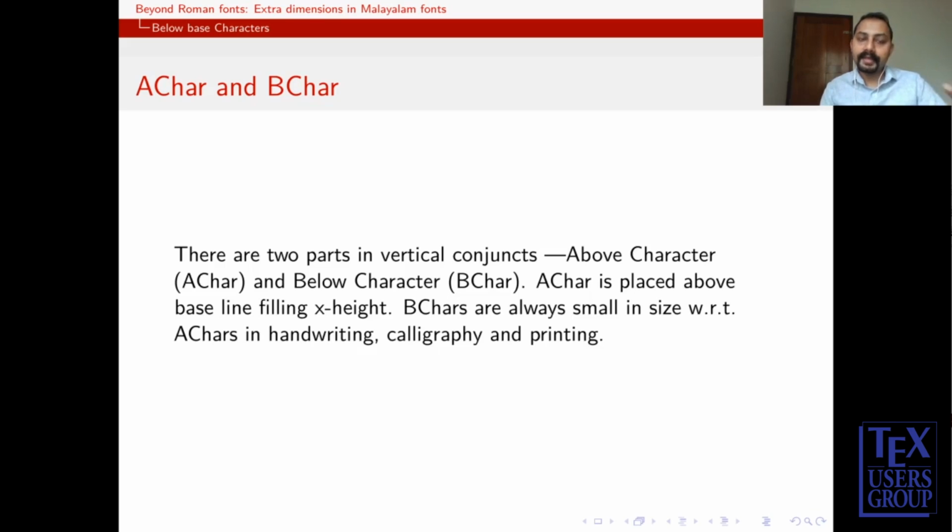So the above base character can always be accommodated above the baseline, filling the x height of the character. Below base characters are typically smaller in size compared to the above base characters, whether in handwriting, calligraphy, printing or digital forms.